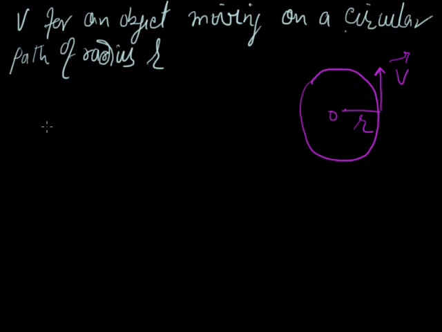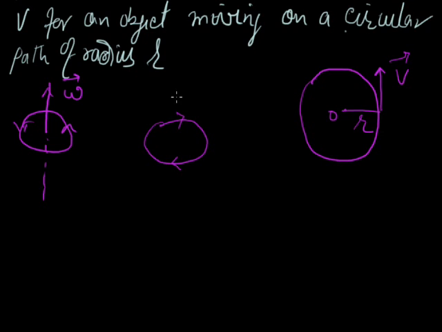For example, the object is moving on this circular path in this direction. This is the axis of rotation. Then omega will be along the axis in the upward direction. If the object is moving anti-clockwise, then omega will be downward by the right hand thumb rule.